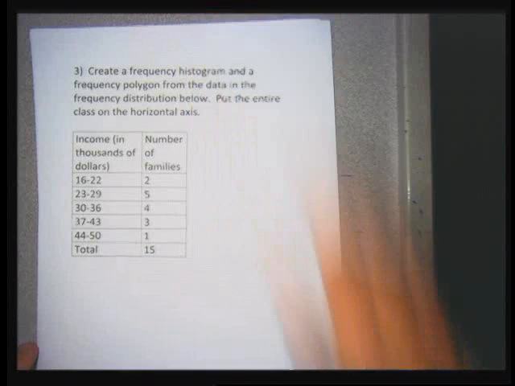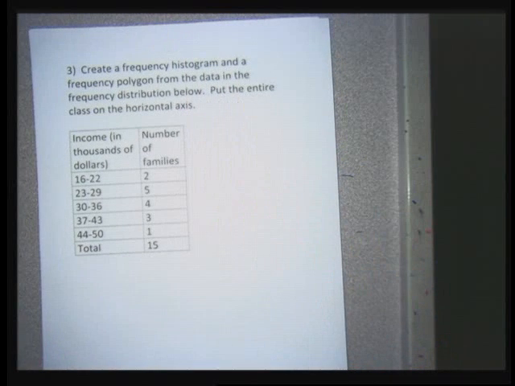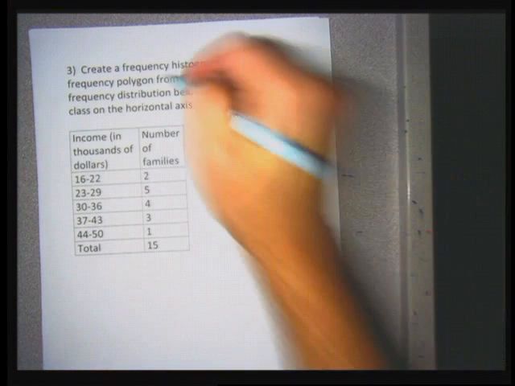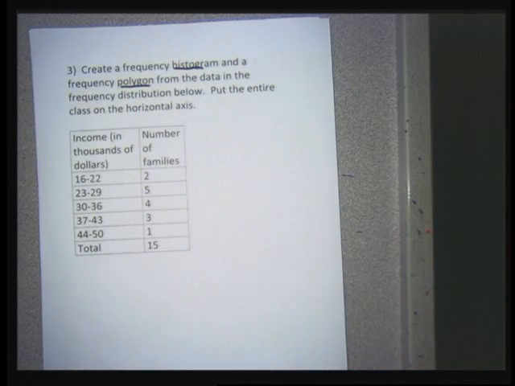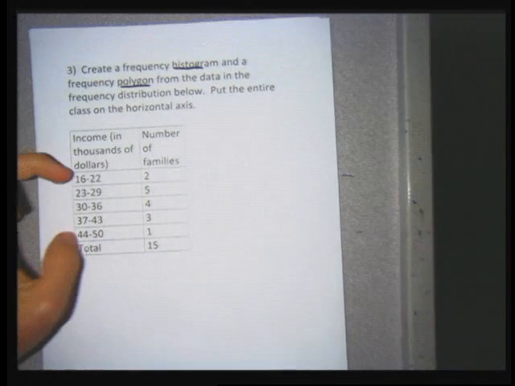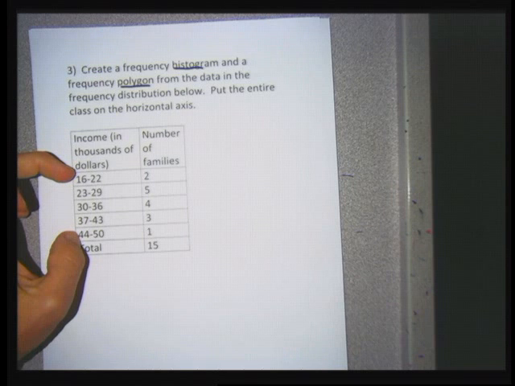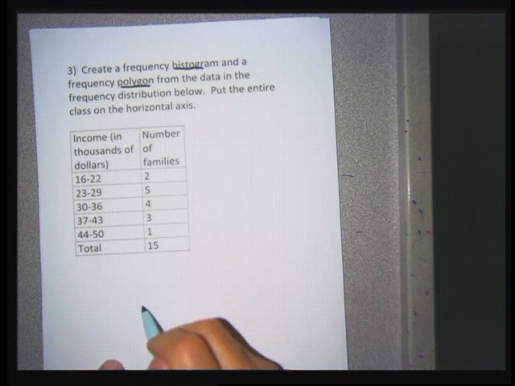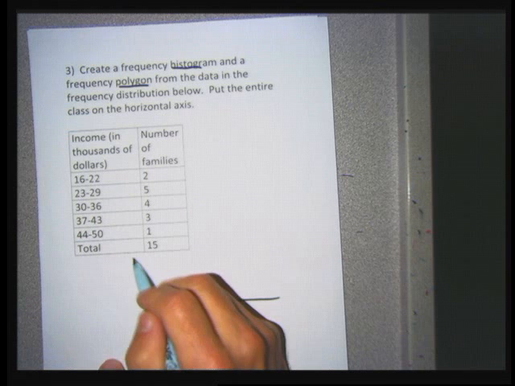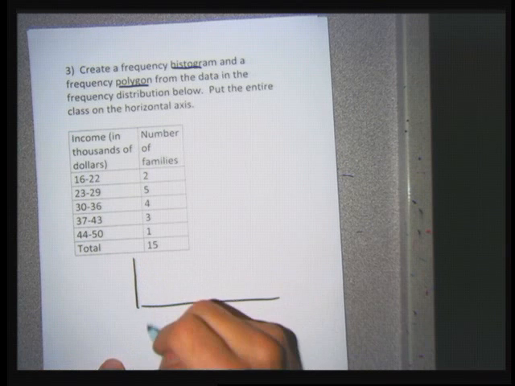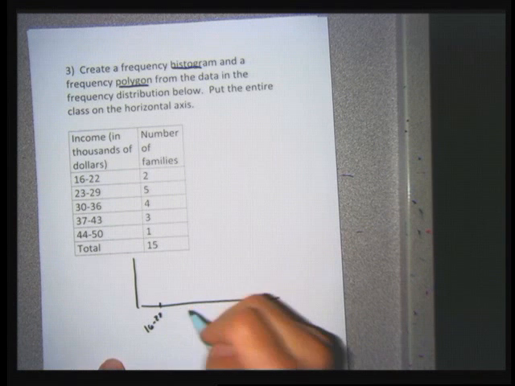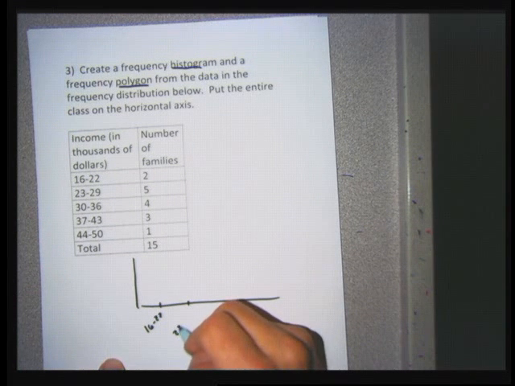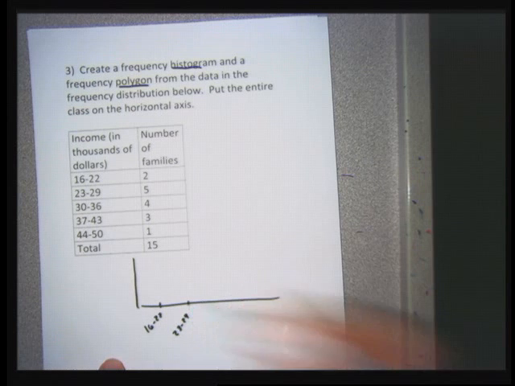For the next two problems that we get to do, problem 3 wants you to do both, again, a histogram and a polygon. And you're most welcome to just write the class limits on the x-axis. I'm going to write 16 to 22, 23 to 29, and so forth. So when you start your x-axis, make room horizontally for 16 through 22, make room for 23 to 29, and so forth.